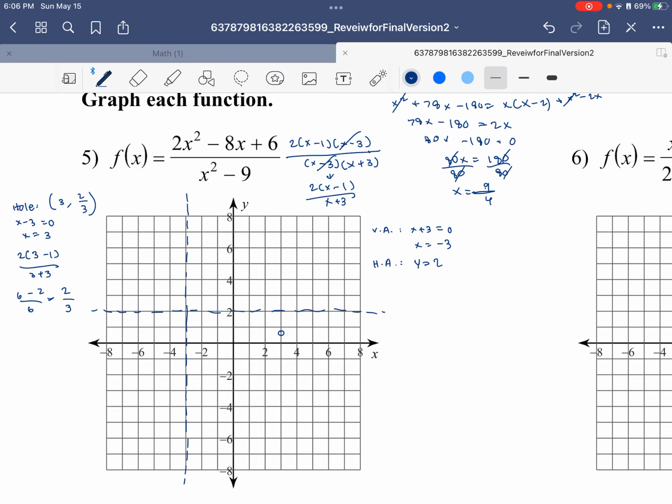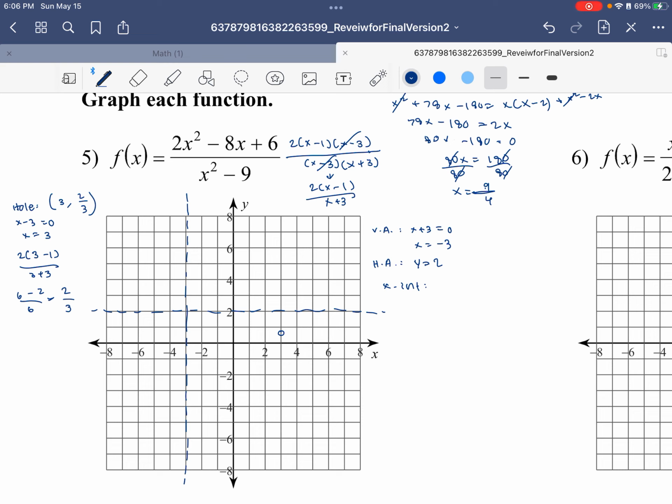Okay, next we need to find our x-intercepts. So in order to find the x-intercepts, you're basically solving for the top. Well, you're solving for the function, but the reason why it's basically the top is when you set the function equal to 0 and you get rid of the denominator, you'll just be left with the numerator equal to 0, because the denominator times 0 is just 0.